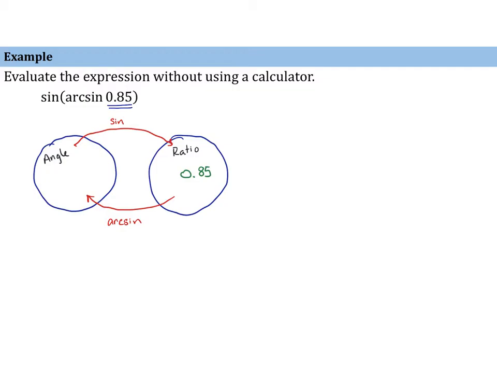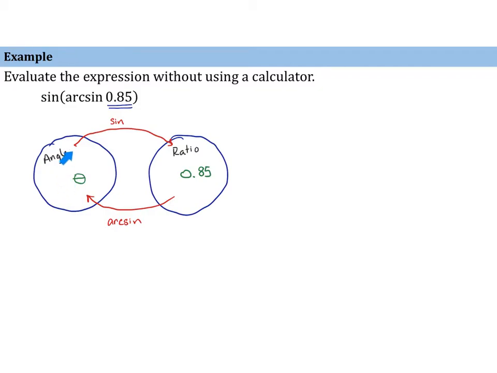Now, we don't actually have to figure out what the angle is that it goes to. So we can call it, say, theta. So if we do that, then the output of arc sine is some theta between negative pi over 2 and pi over 2 inclusive.